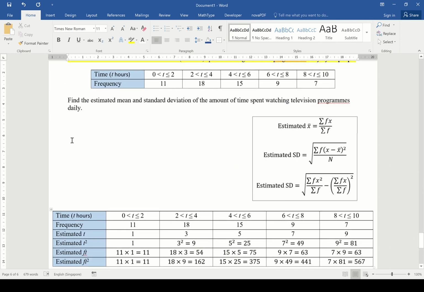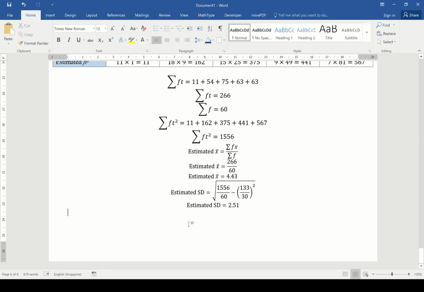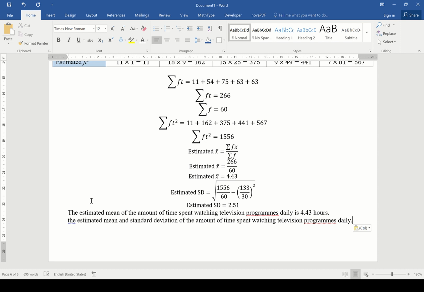Let's just copy this. So the estimated mean of the amount of time spent watching television programs daily is 4.43 hours. Then let's copy that again.